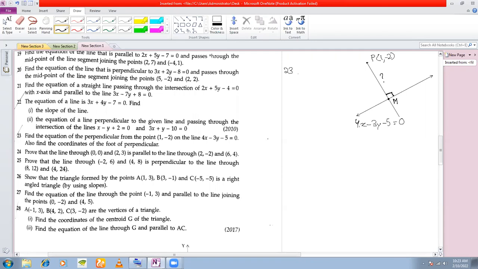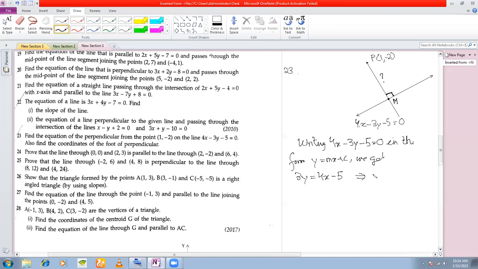So how will you find out? First of all, the equation of this line is given, right? 4x minus 3y minus 5. So write this in the form y is equal to mx plus c and find the slope first. So writing 4x minus 3y minus 5 is equal to 0 in the form y is equal to mx plus c, we get 3y is equal to 4x minus 5.